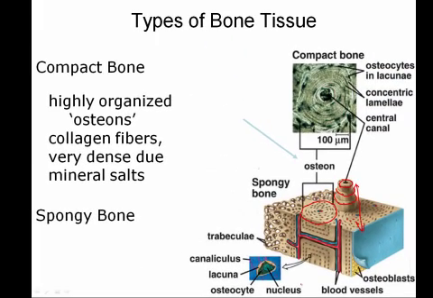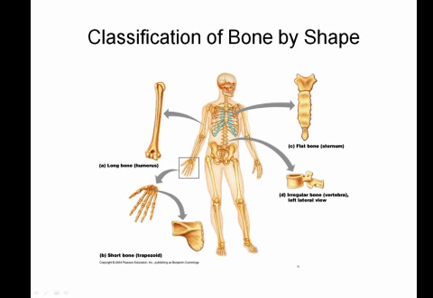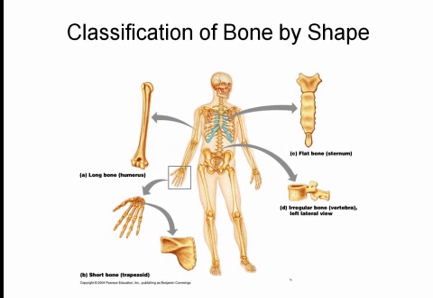The other type of bone is spongy bone. Spongy bone is found in the interior of the bone, and this is a more open latticework of bone tissue. The openings within spongy bone are where we typically will find the bone marrow deposits. We can also classify bone based on shape. A long bone basically is longer than it is wide.